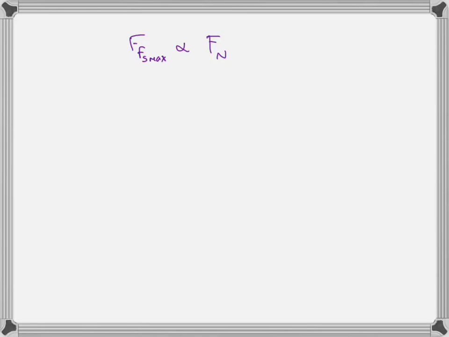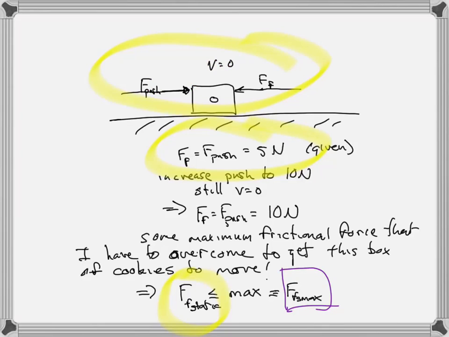In other words, if I stand on top of the box of Girl Scout cookies, I'm not sure why you'd want to do that, then FFS max is bigger, because there's a bigger normal force on the bottom of this box. It's harder to get it moving. Not because of my weight, but because the normal force is bigger.